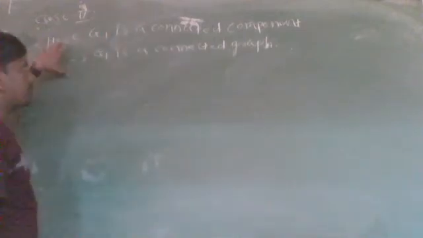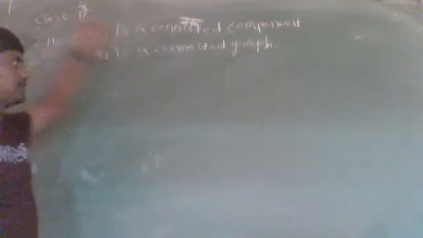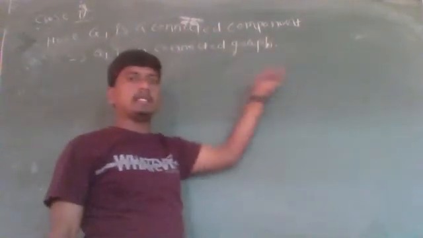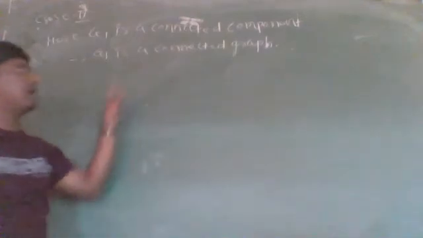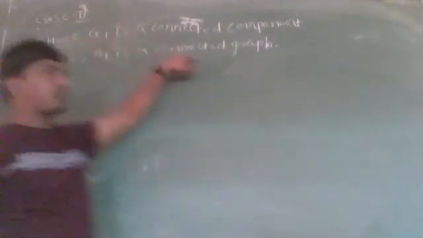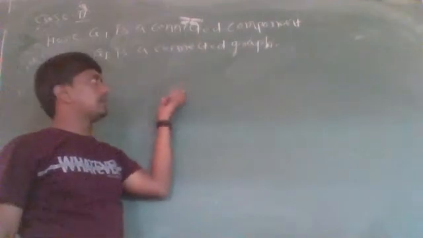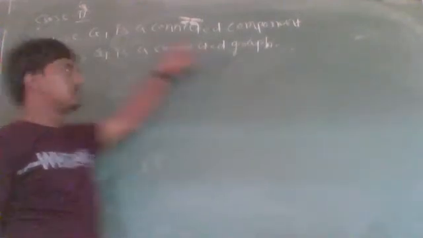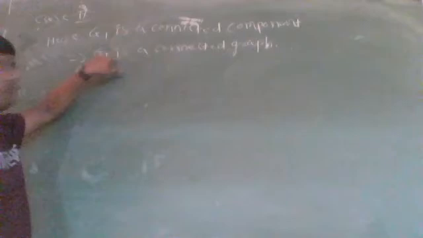In case 1, we have already proved that if G is a connected graph with an edge E whose end vertices are U and V, then the result holds. As G1 is a connected graph with the edge E whose end vertices are U and V, the result holds for the particular connected component G1.